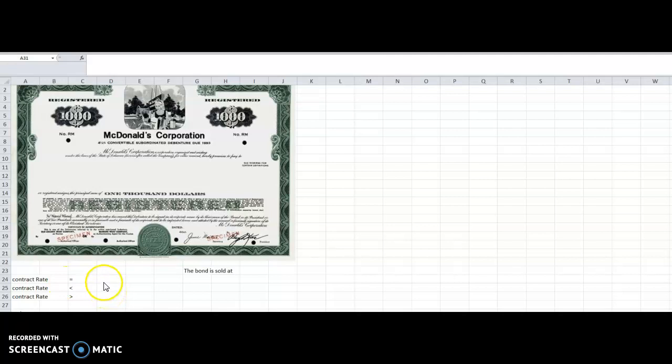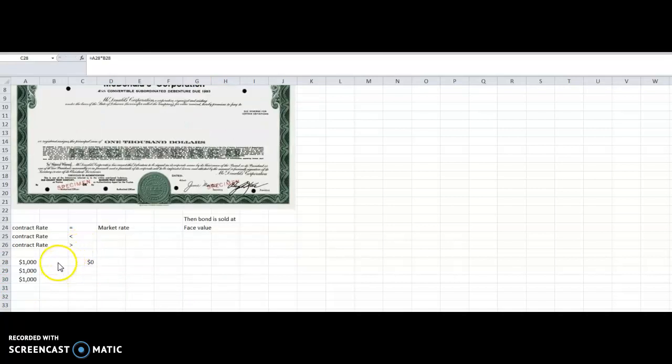Now, if the interest in the market is the same, this is going to be easy to calculate. So if the contract rate is equal to the market rate, that means you could go out and get a bond in the market at 4 1/4%, then this bond will be sold at face value. That means it just sold for the $1,000.